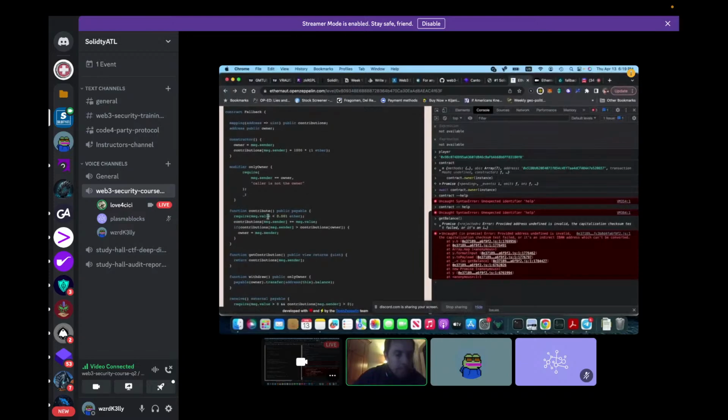What I understand here is that it's required for this function to work for the contribution to be less than this value. If so, then you can go to the next step, which is contributions of message sender increases by the amount of the value. So that's increasing the amount of contribution in the contract.